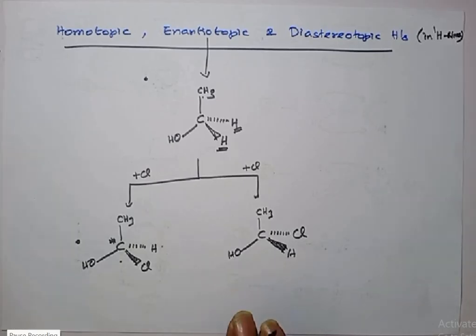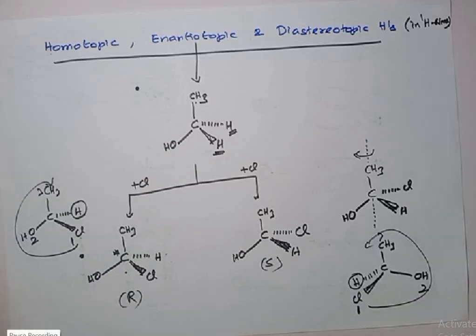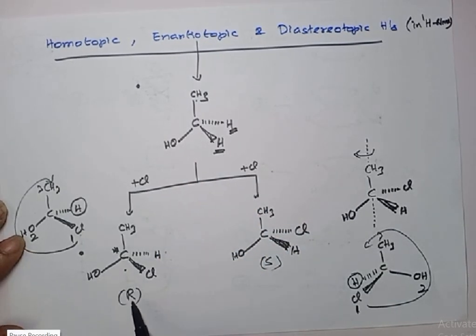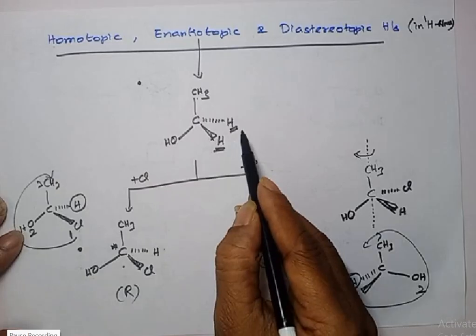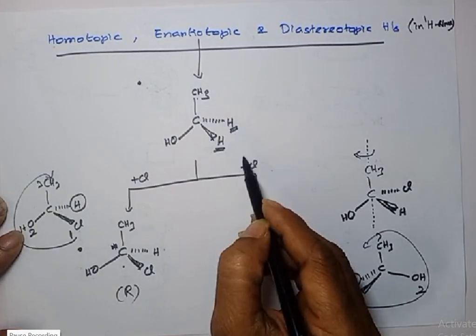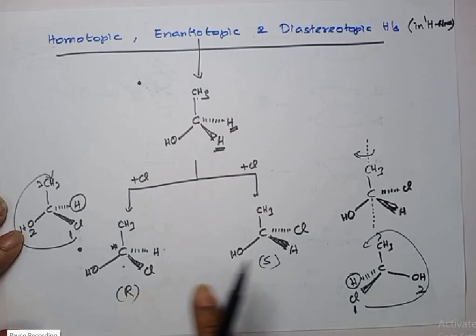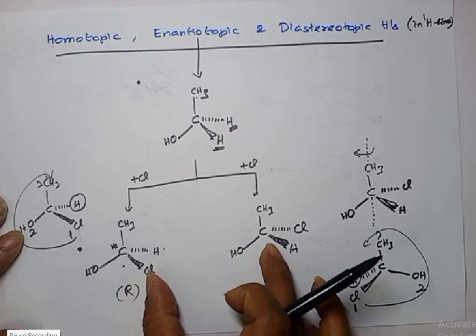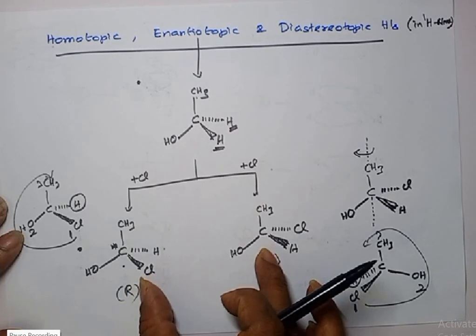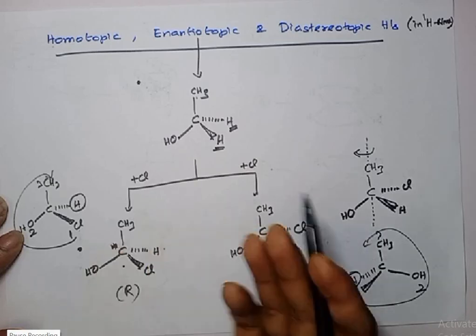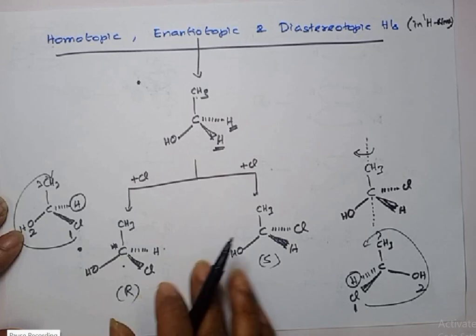If I replace this hydrogen by chlorine, I get an R isomer. If I replace the other hydrogen by chlorine, I get an S isomer. R and S isomers of the same compound are called enantiomers. Clear?